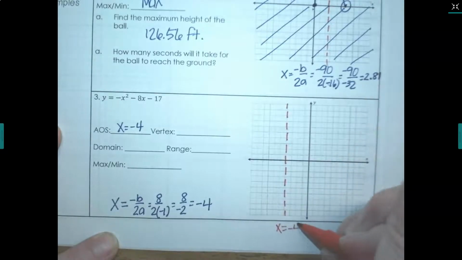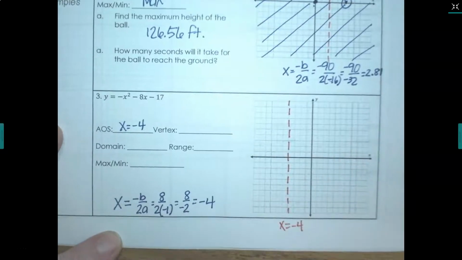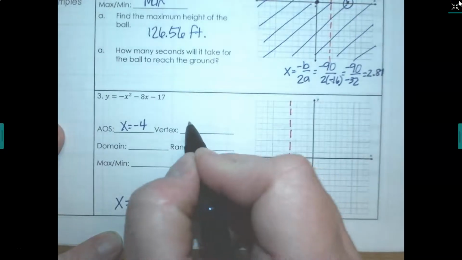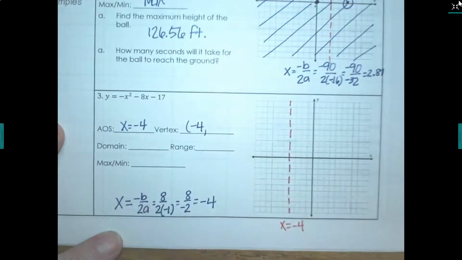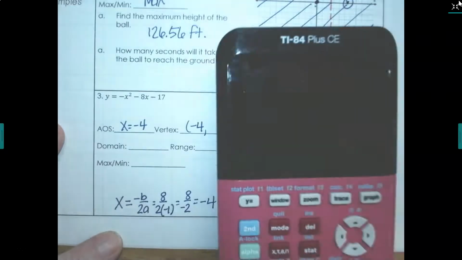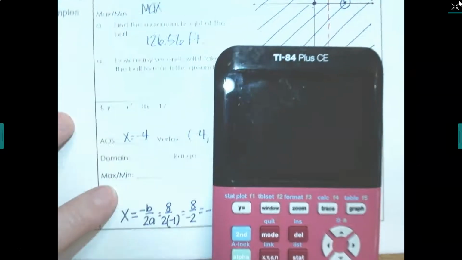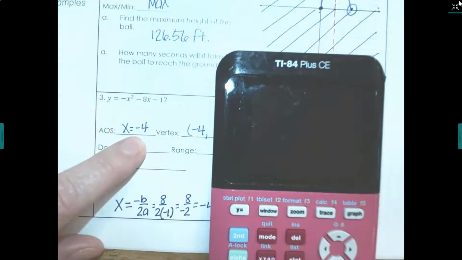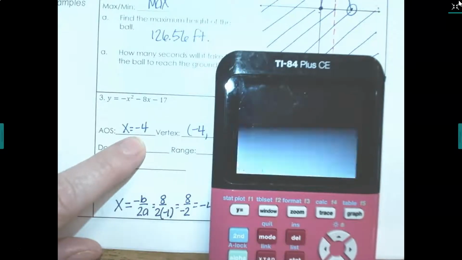because I know my graph is going to center on this line, x equals -4. That also tells me, because the axis of symmetry goes through the vertex, they share the same x value. So to get the y value, we could plug it in like we did up here, or because this is a nice pretty whole number, we can go in and look in our calculator.